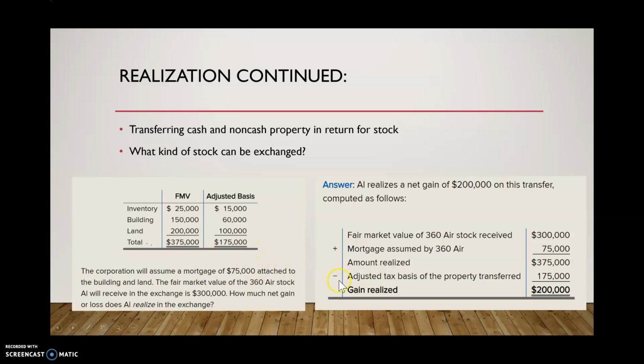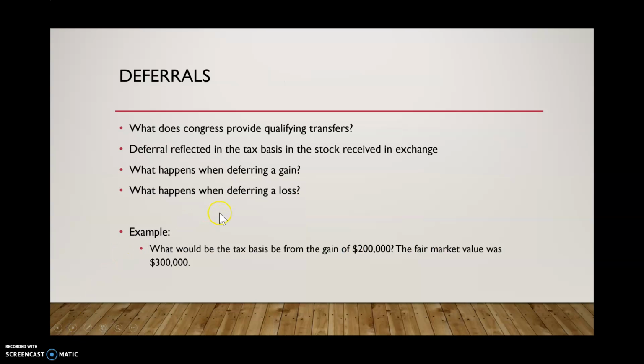So if I were to realize this gain, I would then take either a deferral on it or realize it right away. So in order to remove a tax consequence, Congress justifies a deferral because shareholders maintain an interest in the property transferred through a different form of ownership.